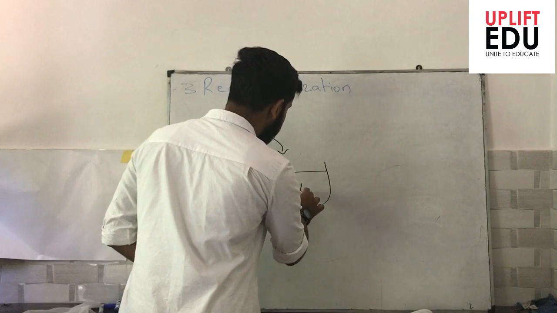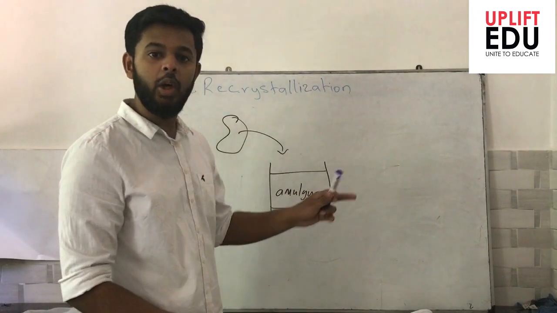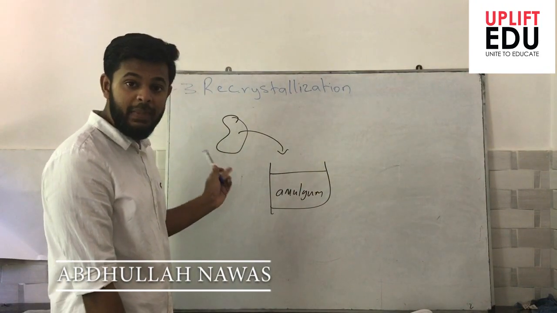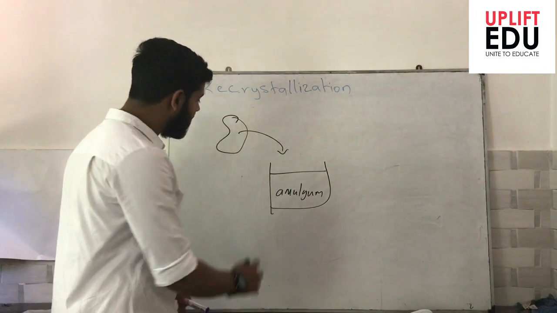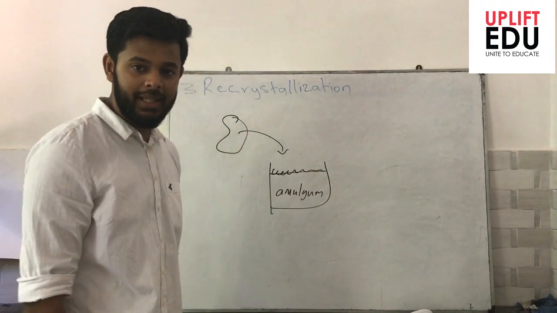Amalgam is a solvent that dissolves the gold, right? So we dissolve the gold ore mixed with impurities, and only the gold dissolves in this amalgam, and the impurities do not dissolve in this amalgam.